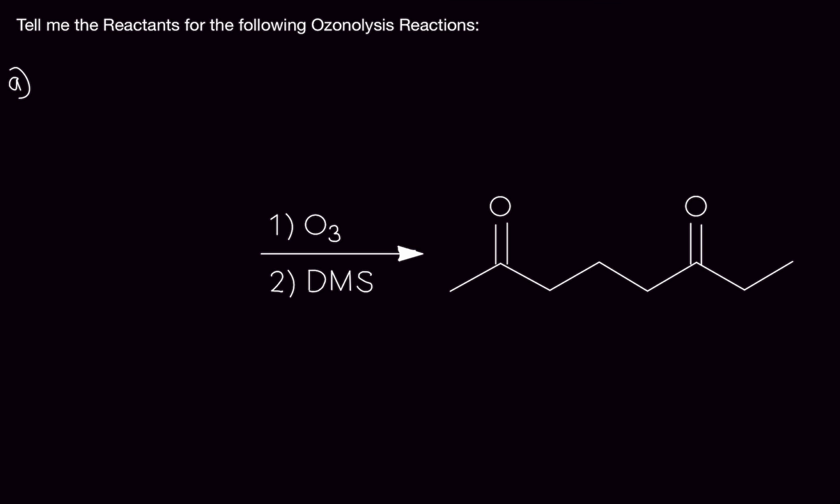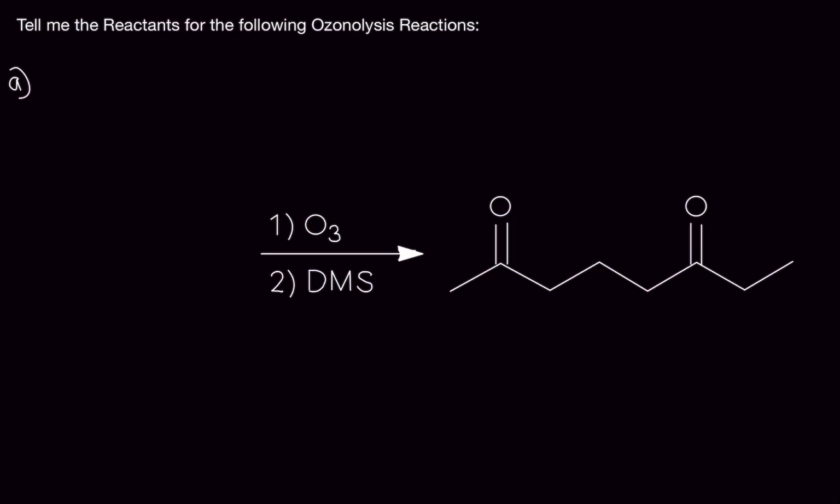Because remember, in ozonolysis, we're cutting apart an alkene and separating them to create two double bonded oxygens. So these are now separated. That must be in the reactants that must have been together. So that means this carbon and this carbon must have been together, joined by an alkene.